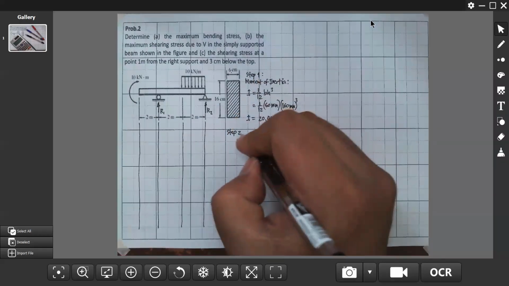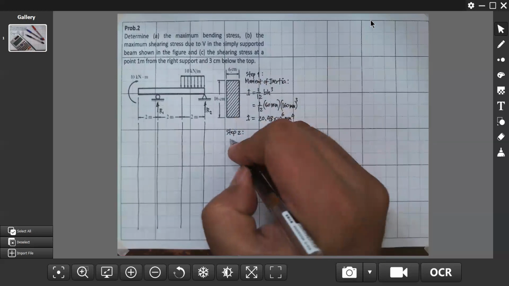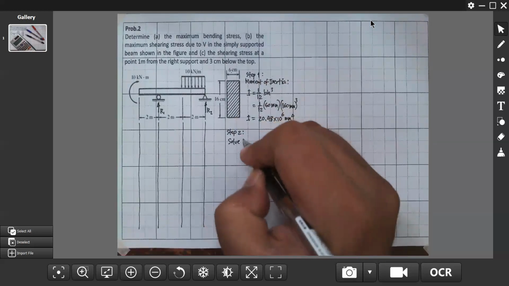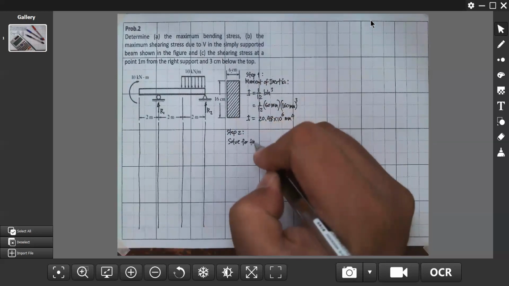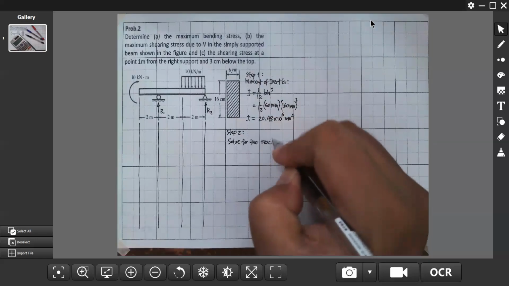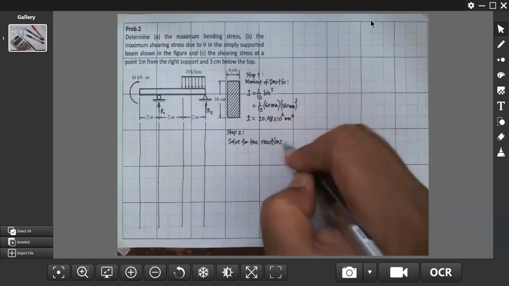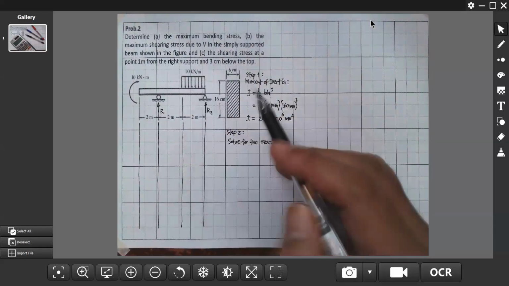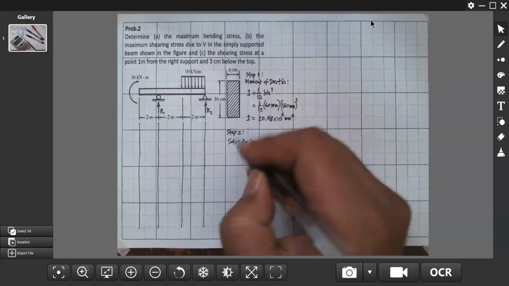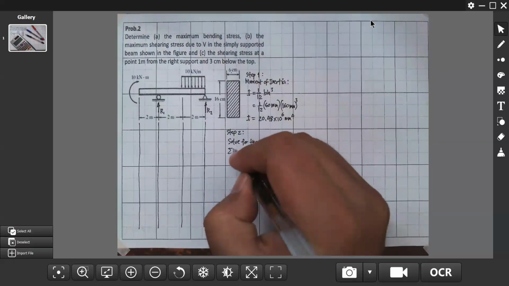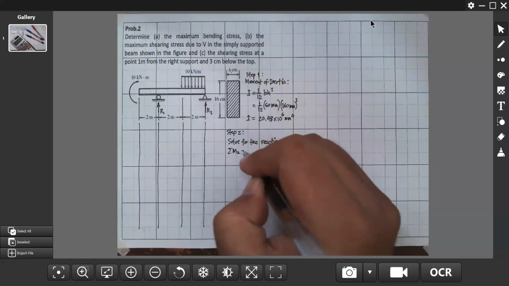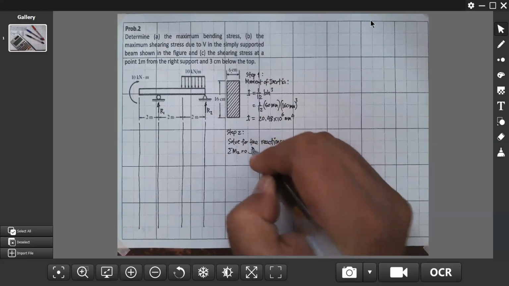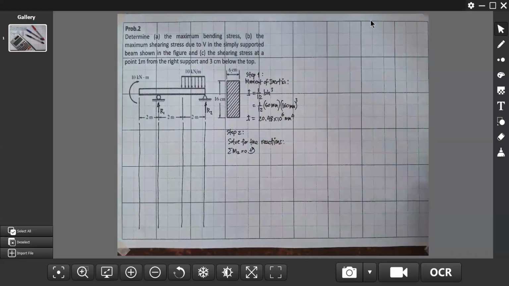Second step is to solve for the reactions. Okay. Let's solve for R1. So we're going to sum up moments about point 2, counterclockwise moment as positive.